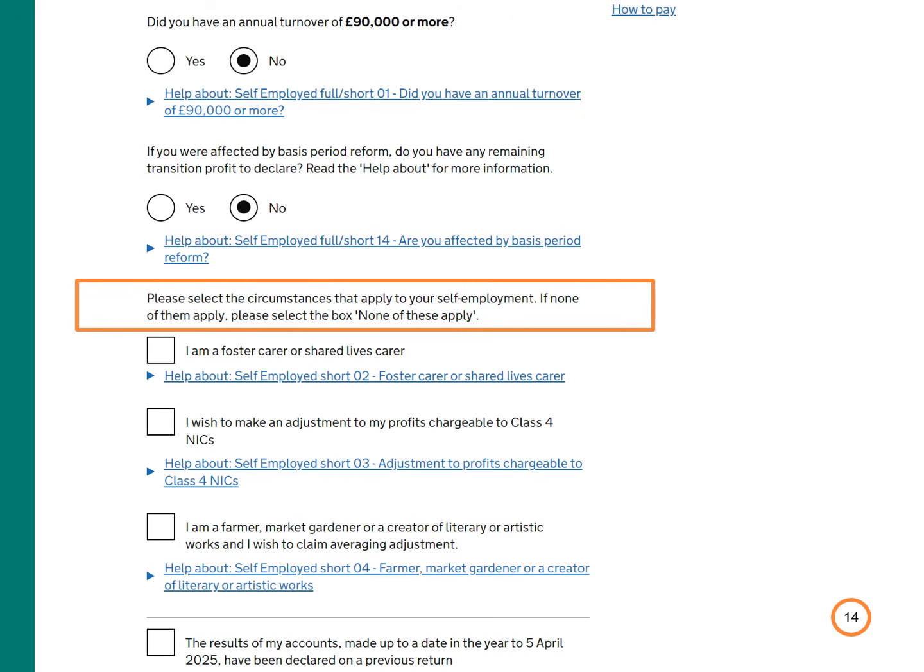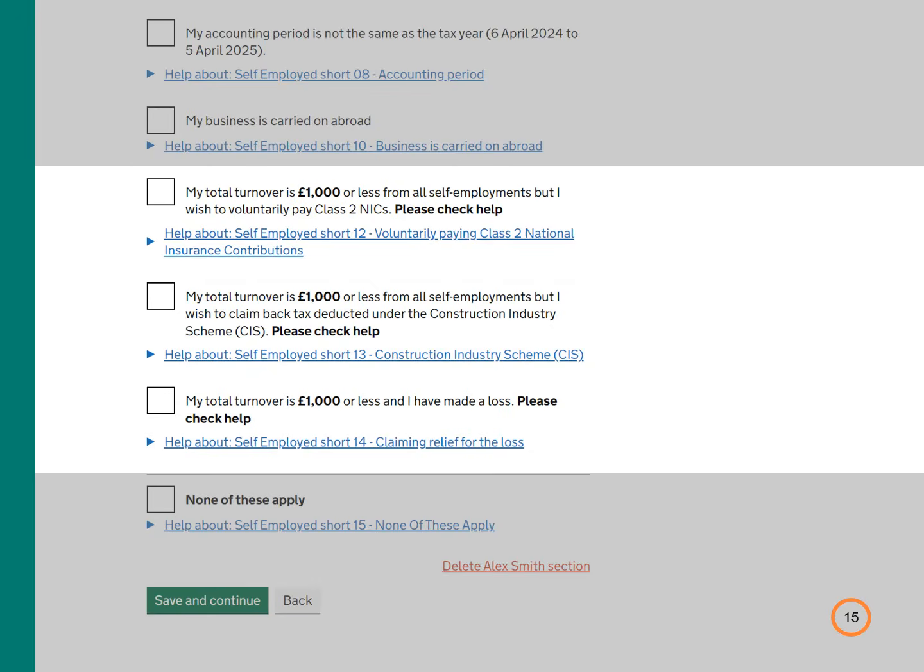If you answer no to both questions on page 1 of 1, we ask you to check through a list of circumstances and select any that apply to you. Towards the bottom of the page, there are some options for people who have a turnover of less than £1,000 but still want to fill in the self-employed section.